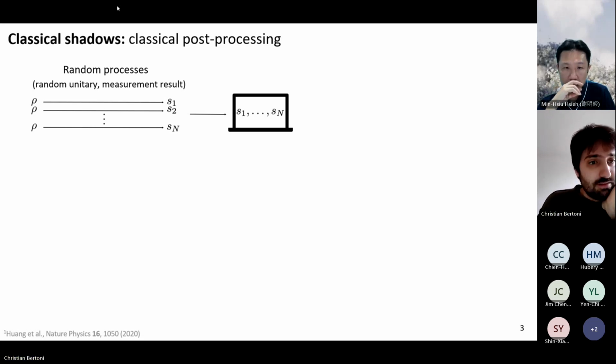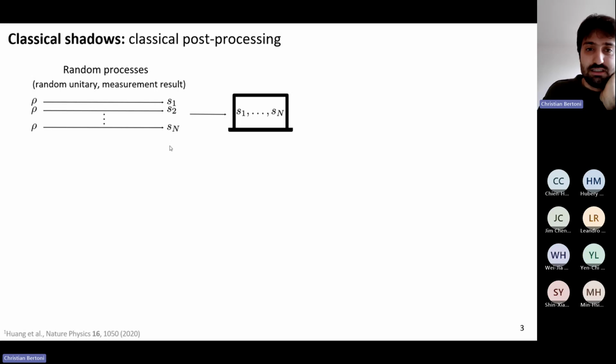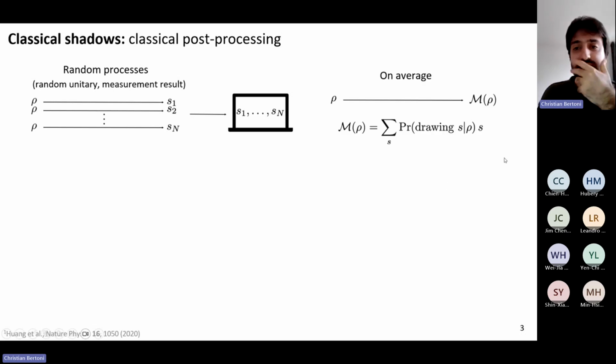The mapping from the state to the classical snapshots is some random process. There's randomness in the choice of unitary, and there's randomness in the measurement result. But on average, we can interpret this as the output of some channel. The output of the channel is essentially just the classical mixture of all possible output snapshots, and each one is weighted by its probability of showing up in the protocol.